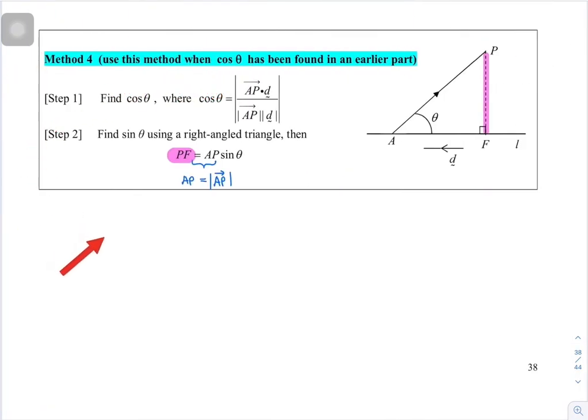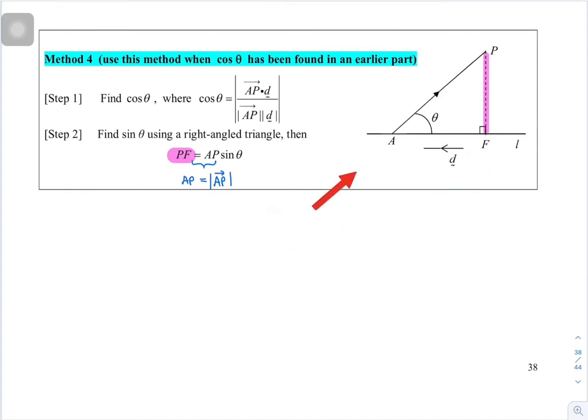Now in the last method, method number 4, we use this method when the cosine theta, that is the angle between the vector AP and the line L, has been found earlier in the question. To find the cosine of the angle theta over here, we use the definition of the dot product as covered before, and once we have found that, we can use sine theta in the right angle triangle over here to find the length PF.